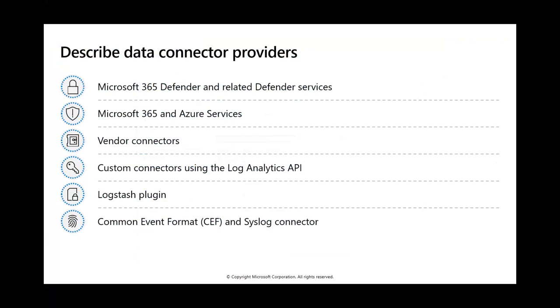The connectors for Microsoft and Azure-related services will include, but are not limited to, Azure Active Directory audit logs and sign-in logs, Azure Activity, Azure AD Identity Protection, Azure Distributed Denial of Service Protection, Defender for IoT, Information Protection, Azure Firewall, Security Center alerts or Defender for Cloud alerts, Web Application Firewall, Cloud Application Security, Domain Name Server, Office 365, Windows Firewall, Security Events, and many others.